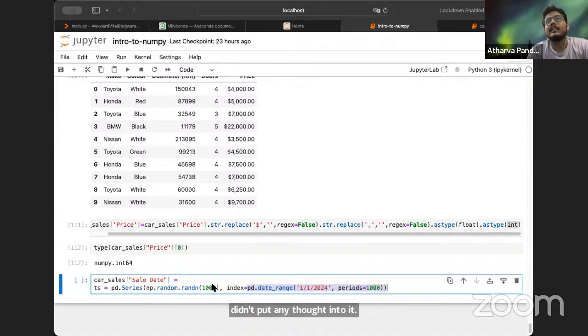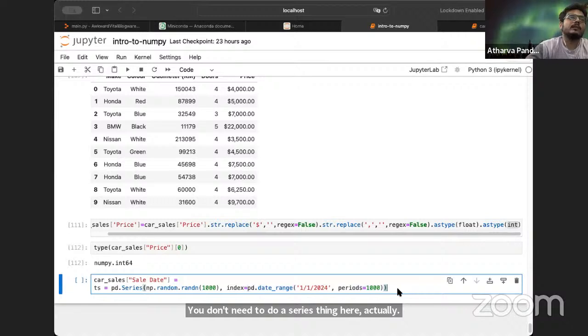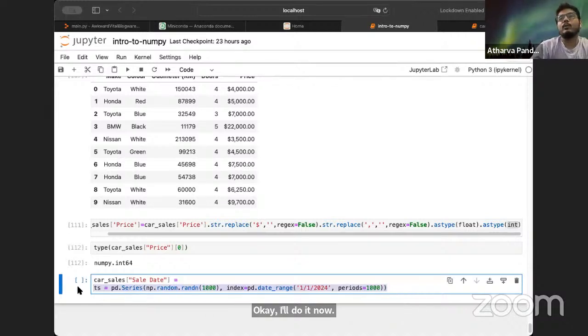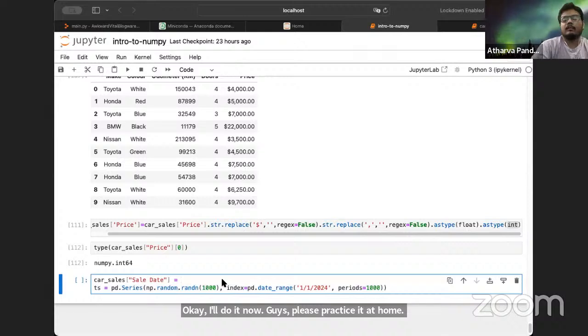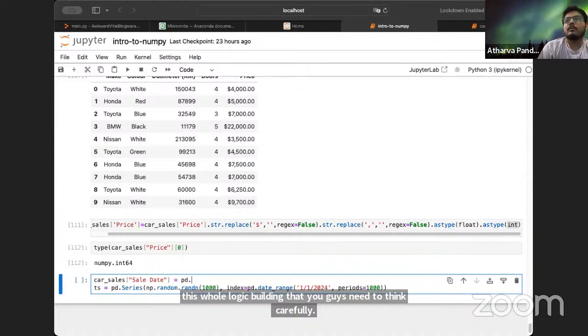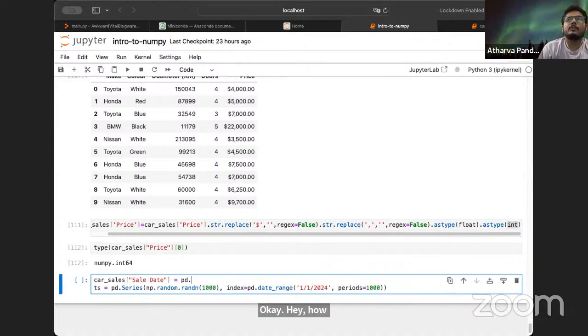You don't need to do a series thing here, actually. Okay, I'll do it now. Guys, please practice it at home. Try to develop some sort of thinking. In ML I can teach only syntax and stuff, but there is this whole logic building that you need to think about carefully. Niharika, that's correct, but very out of the chart. Again, you need to put some thought into it.